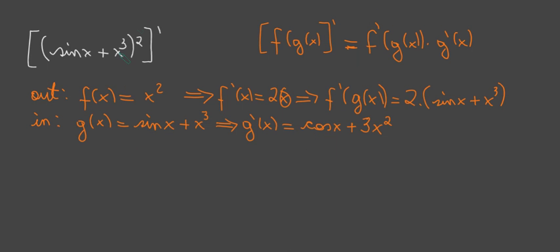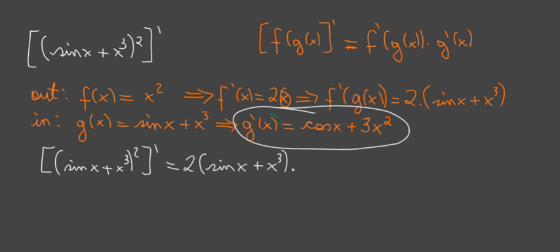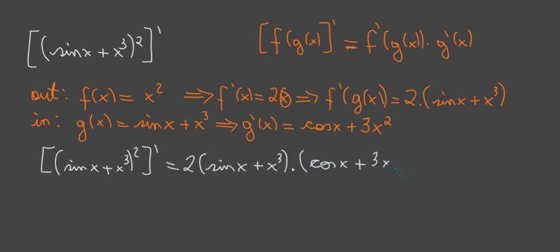Let me put this in white again. So the derivative of sine of x plus x cubed, squared, is equal to, using the formula here, you need this quantity that we have computed here, so it is 2 times sine of x plus x cubed, okay, times g prime of x, which is here, so times cosine of x plus 3x squared.